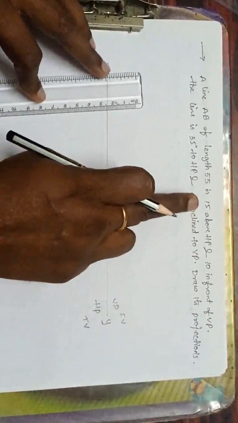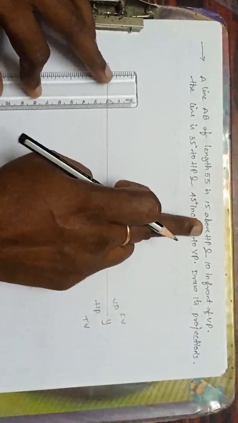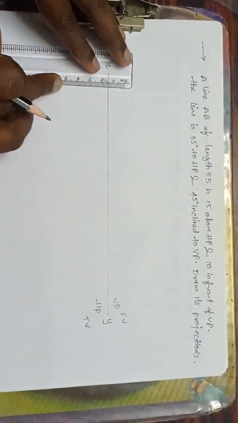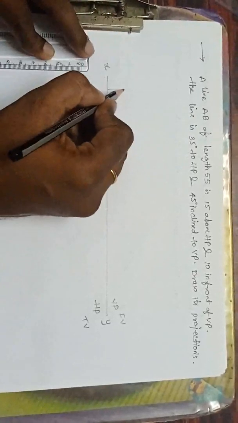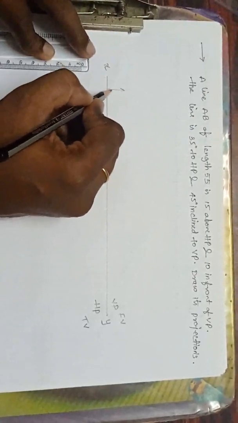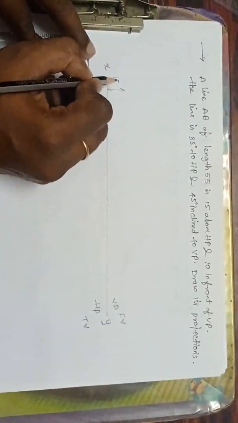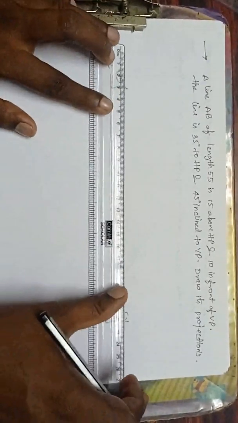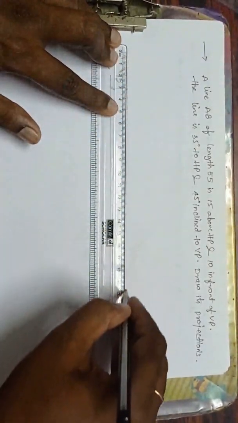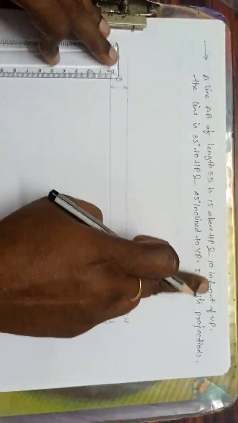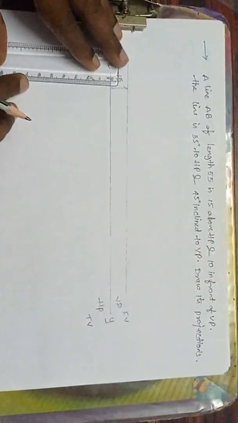Now, 15 above the HP. He said 15 above the HP. That gap I have to draw in the VP. So, this is 15 mm, which means 1.5 centimeters. I have to write always in mm. Next, what he said? 10 in front of VP means I have to draw in the HP.